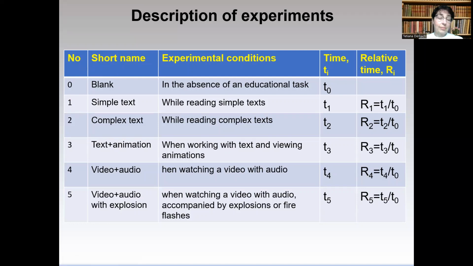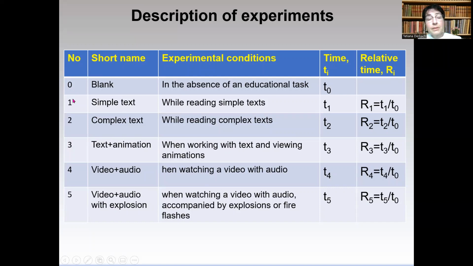The second, comparison of the cognitive load caused by plain text and text with video and audio accompaniment or text with animation, experiment 1 compared to experiments 3 and 4. And the third, the effect of video or audio distraction, experiment 5 compared with experiments 1 to 4.